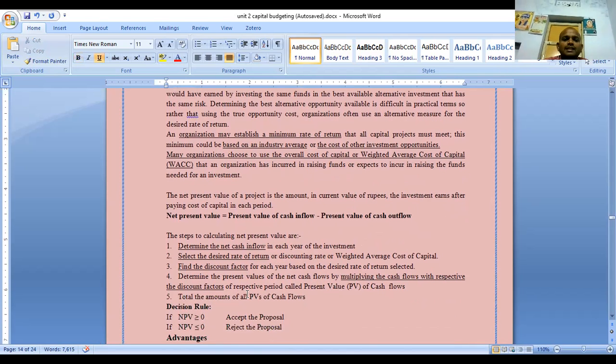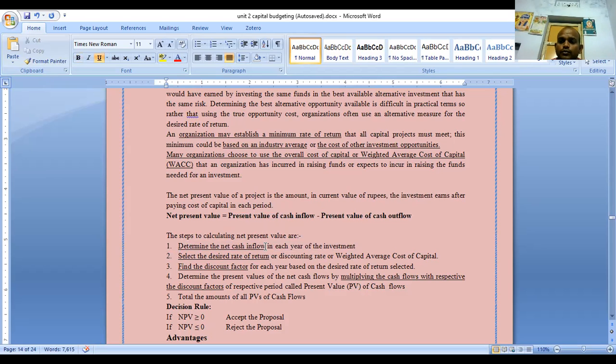So the steps to calculating the net present value. I already gave the formula: present value of cash inflows minus present value of cash outflows. So how to determine the net cash inflows? We have to consider the profit before depreciation and tax.